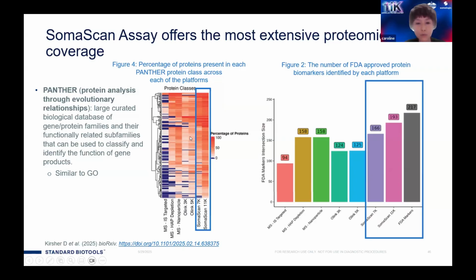And in terms of the number of FDA-approved protein biomarkers, the SomaScan assay again demonstrated that we are able to detect the highest number compared to the other proteomic platforms.